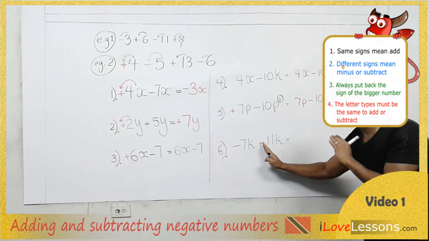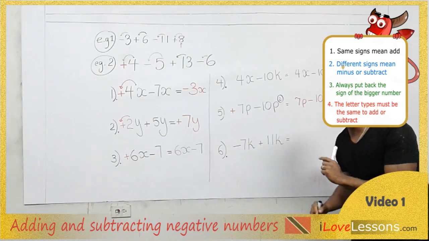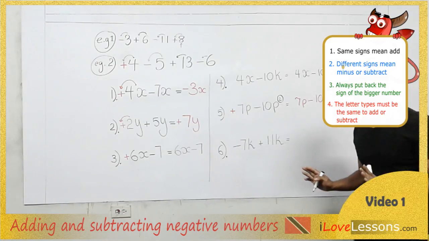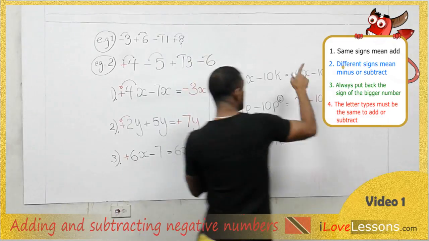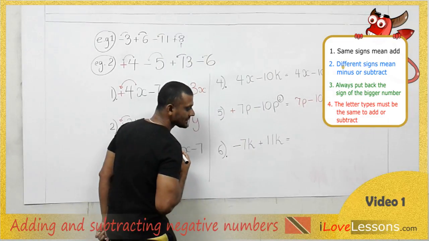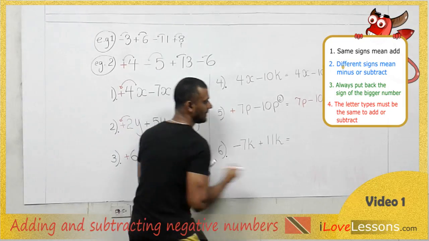Are the signs different or the same? Signs are different. Are the letters the same? Yes, one has K and one has K. So it's okay to go ahead and do this question. Signs are different, so rule number 2 over there says you have to do what? Minus. So minus 11 and 7, I bet you will get how much? 4.